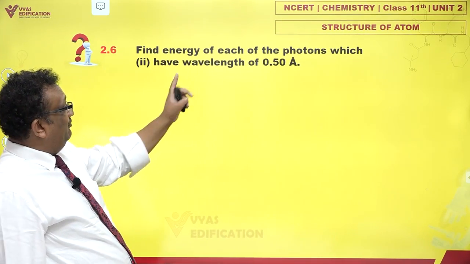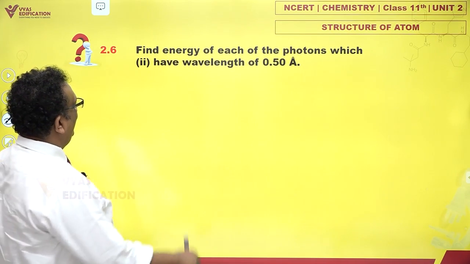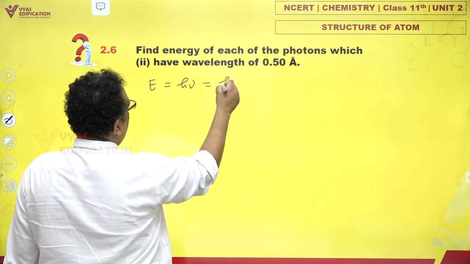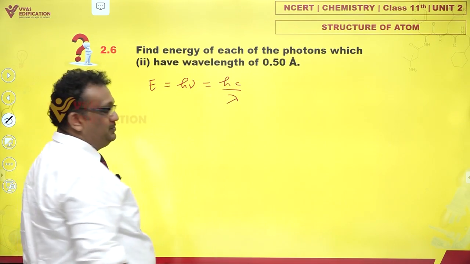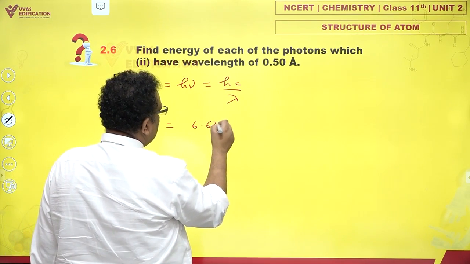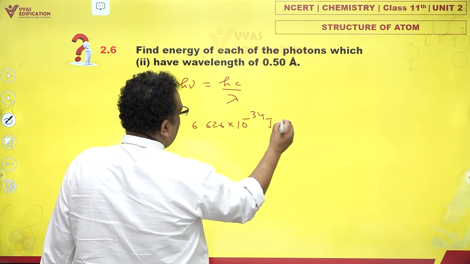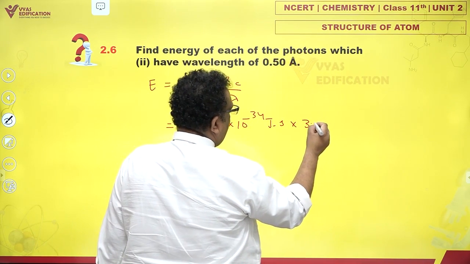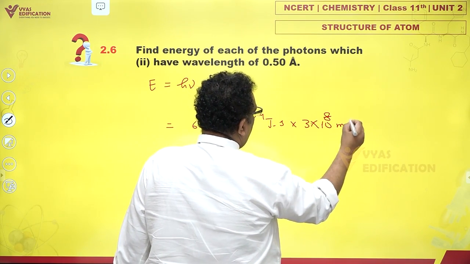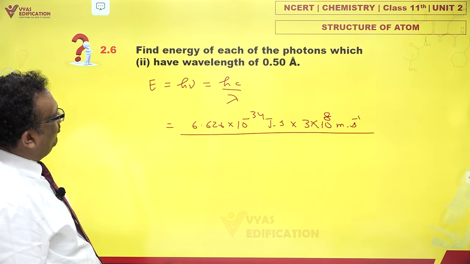Energy of photons which have a wavelength of 0.5 angstrom units. Now, energy E is h nu, which is also hc by lambda. Lovely. This is 6.626 into 10 raised to minus 34 joule second into 3 point nothing into 10 raised to plus 8 meters per second. These are constants actually. And what is lambda?